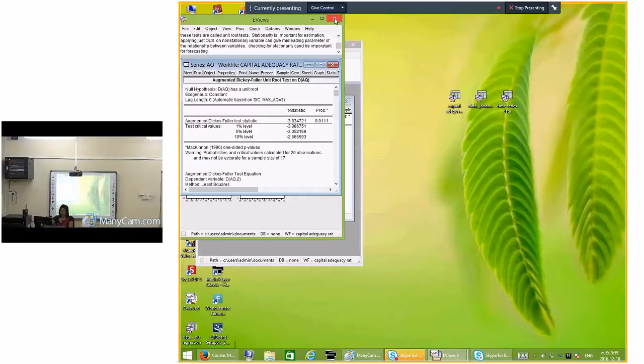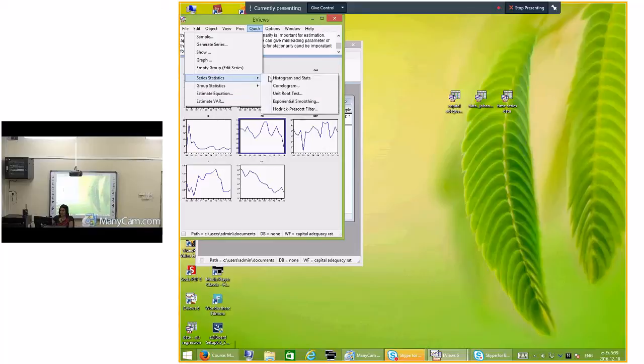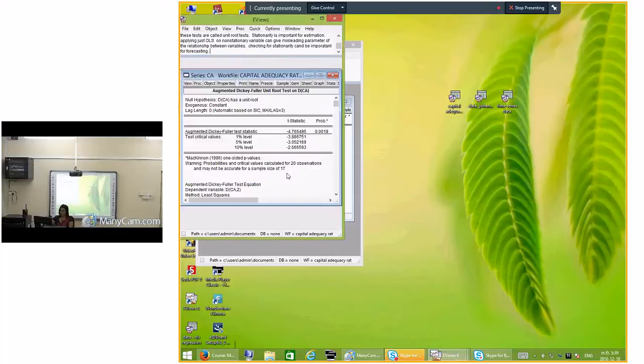It is okay. Then go to the next variable separately. Then go to the CA. Okay, for the first difference, it is also okay. This variable. Go to the next variable.